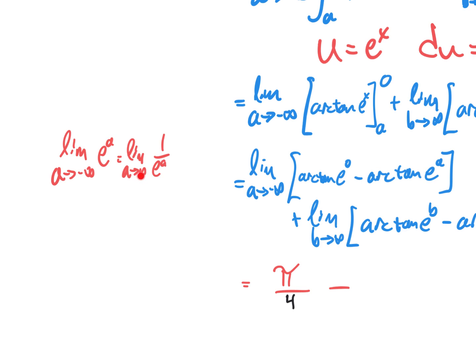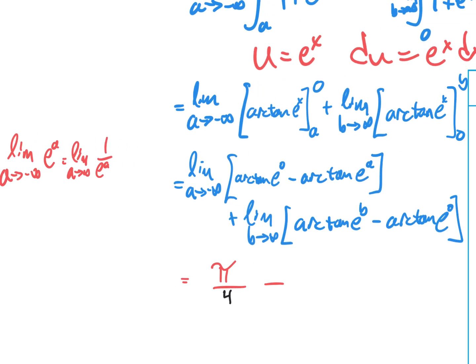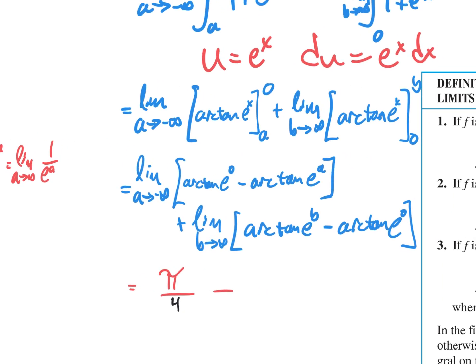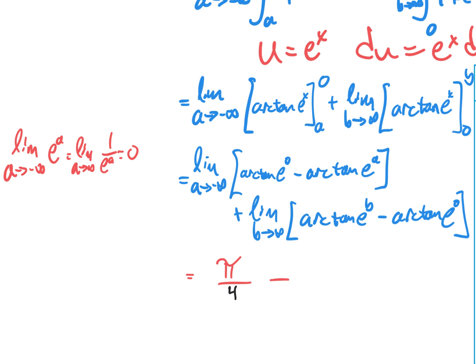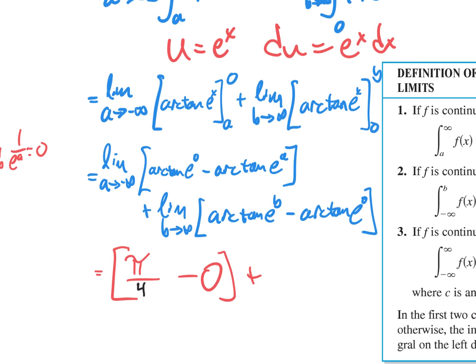And as e to the a goes to infinity, this is blowing up, so this whole thing is going to 0, right? So this is going to 0, and what is the arctangent of 0? Well, we talked about in that last problem, it's 0. Okay, so that is the left-hand side.